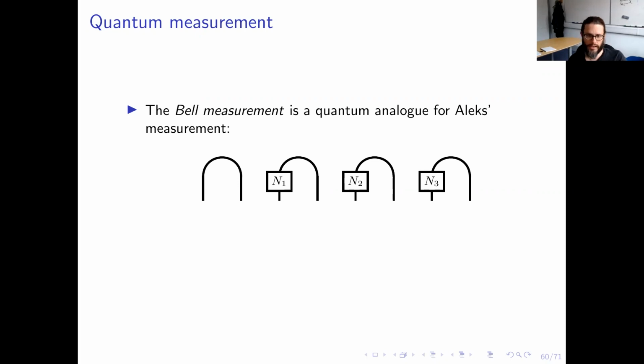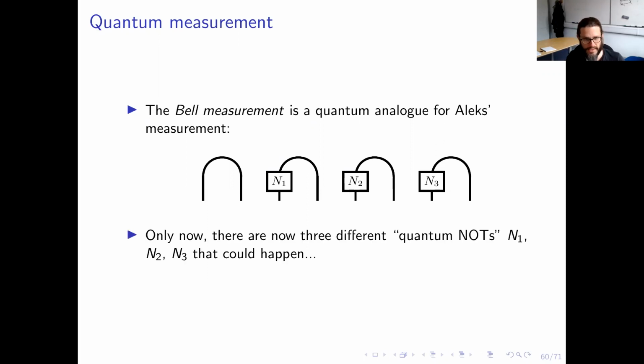Okay, and the reason for that is that a qubit is a sphere, and there's several different ways that I can do a knot on a sphere. There's several different ways that I can flip a sphere 180 degrees. So in fact, what you can see is that I can do a measurement with three different quantum knots: knot 1, knot 2, and knot 3.